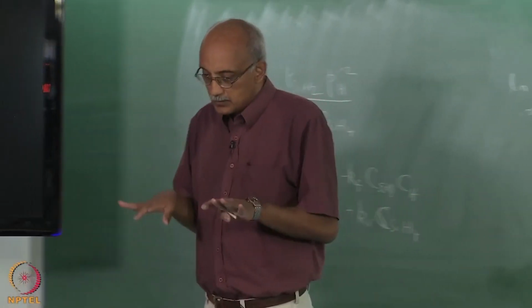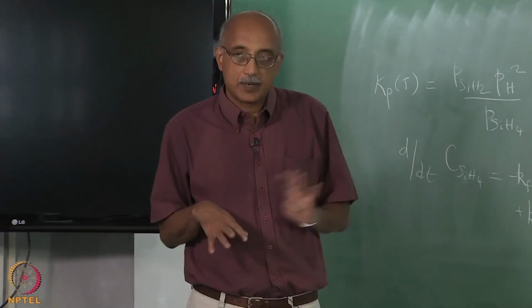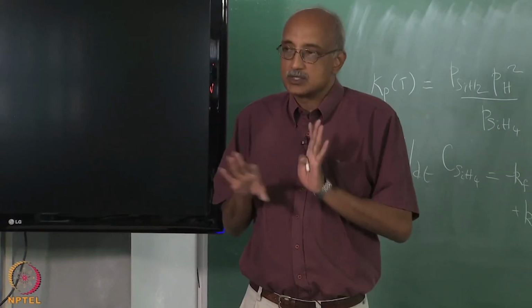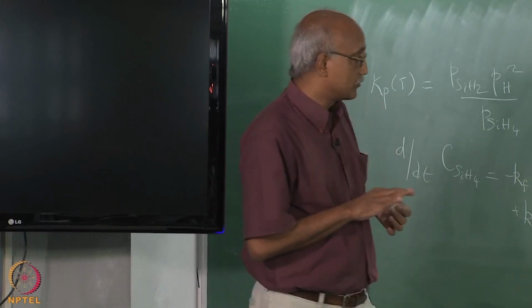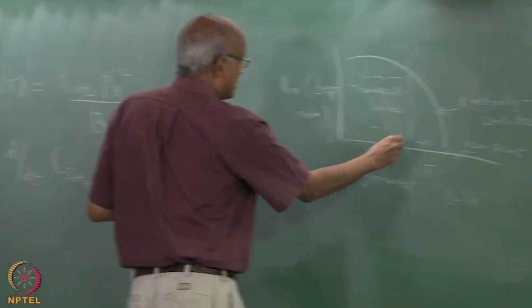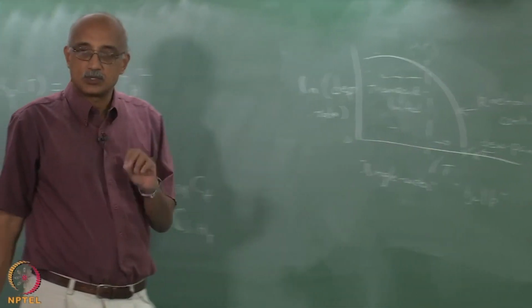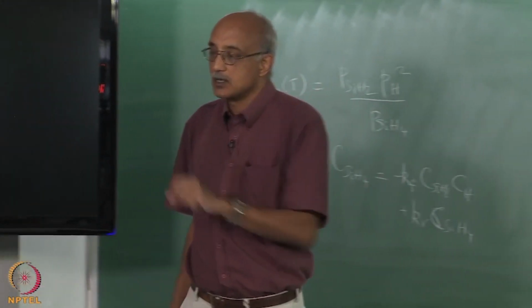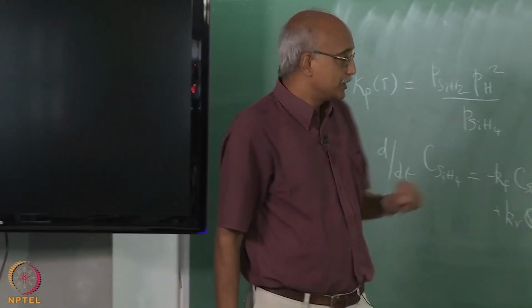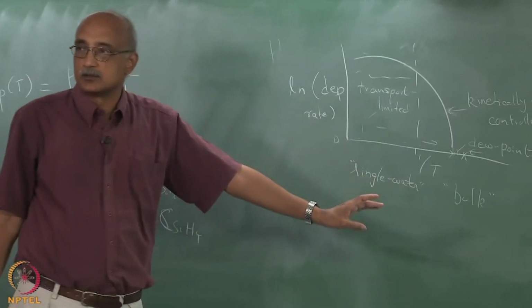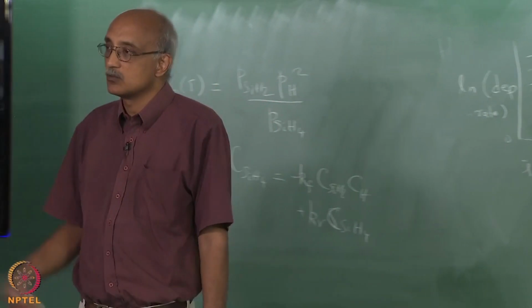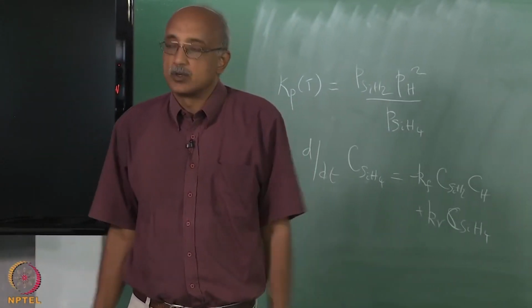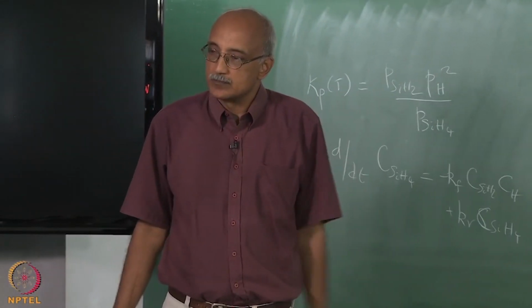So, if you look at this figure, and we will keep coming back to this, there are a lot of very interesting inferences you can draw regarding how a CVD process functions in these two limits, and what are the design considerations for CVD reactors operating in these two limits. But this is a universal figure. It does not matter which CVD process you look at or which CVD reactor in what configuration, you will always come up with this.